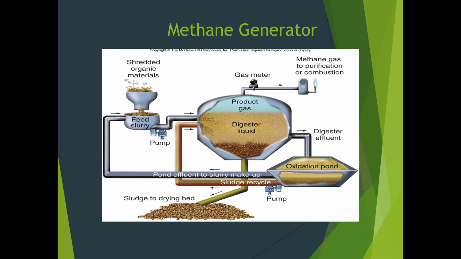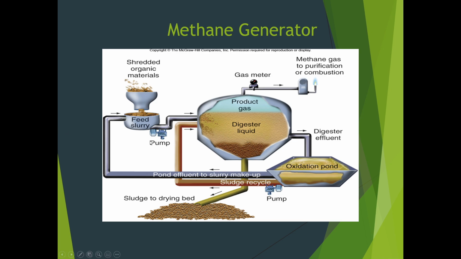Someday, maybe. But I always want to get one of these because all you do is you take shredded organic material, any kind of material, right? Just as long as it's organic, and you want to shred it down so the microbes can eat it. I always talk about worms a lot. Worms aren't going to eat that carrot because it's big, but once you shred it on down, those worms just eat it because it's bite size for them.